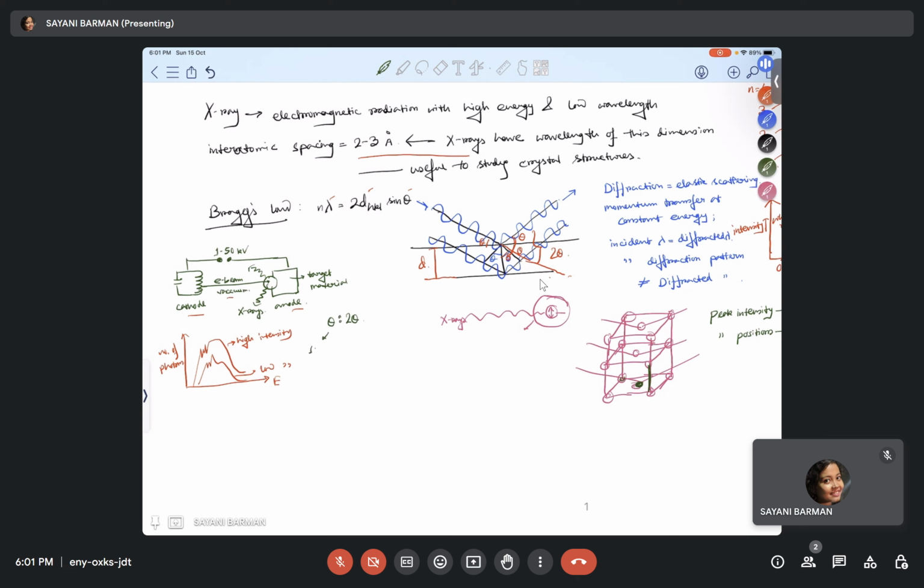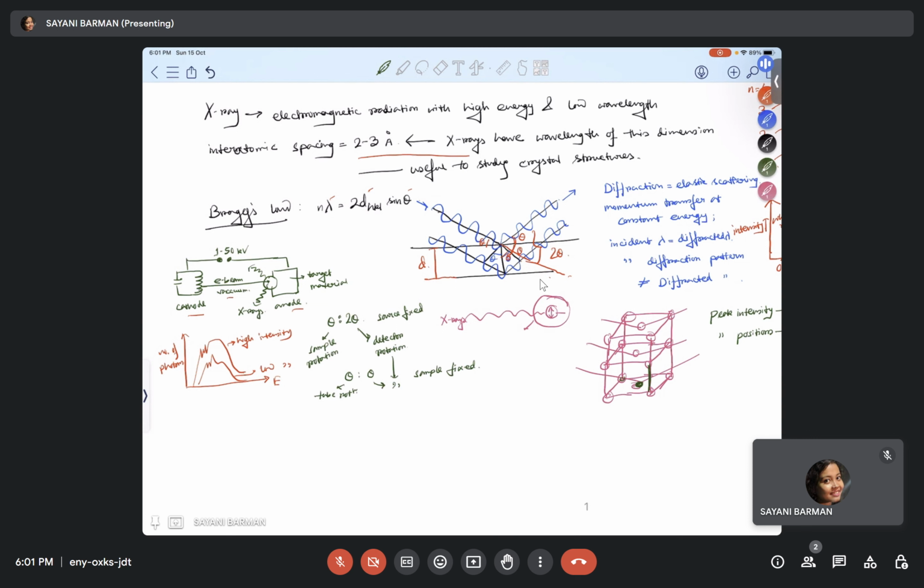This is the sample rotation, and this is the detector rotation, where the source is fixed. The next one is theta theta. Here the sample is fixed and the tube rotates. Let's say this is the tube rotation and this is the detector rotation. Here, the sample is fixed.